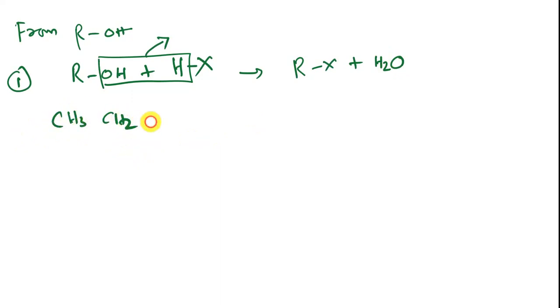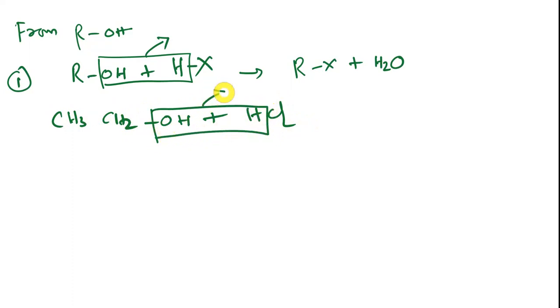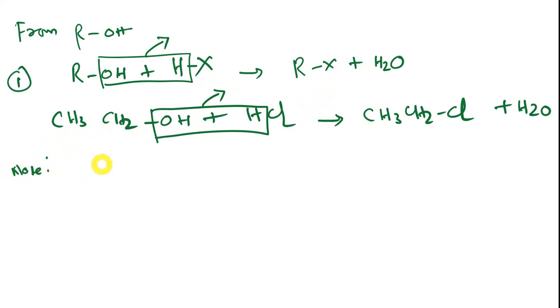Got it? Let us have an example for this. CH3CH2OH plus HCl. As usual, water goes away and this gives rise to CH3CH2Cl plus H2O, right? This is in the case of alcohols. Make a note here: for primary and secondary alcohols, we have to use ZnCl2 with HCl.